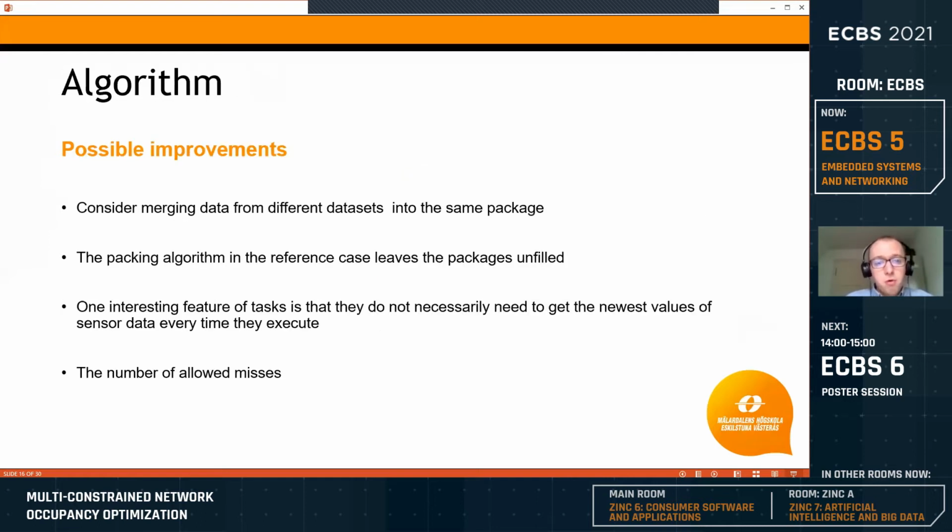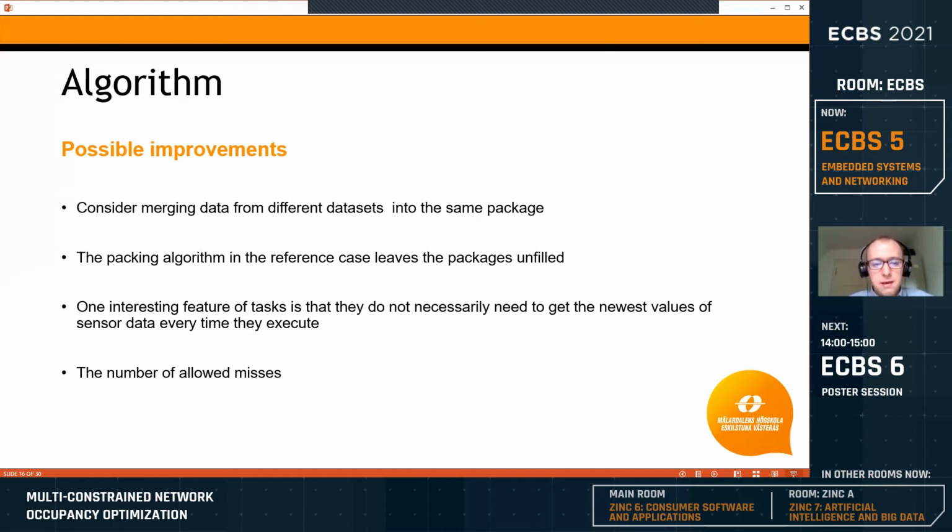Regarding our approach, possible improvements to this reference case are: we can consider merging data from different data sets into the same package, which could result in higher package utilization, because the packing algorithm in the reference case leaves the packages unfilled. One interesting feature of tasks is that they do not necessarily need the freshest or newest values of signals every time they execute, so every period.